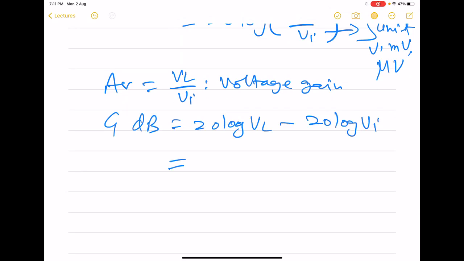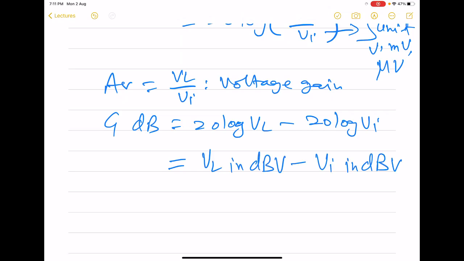So whatever may be the unit of VL, the same unit will be for VI. And if VL and VI both are in volts, then we can say that VL in dB volt minus VI also in dB volt.